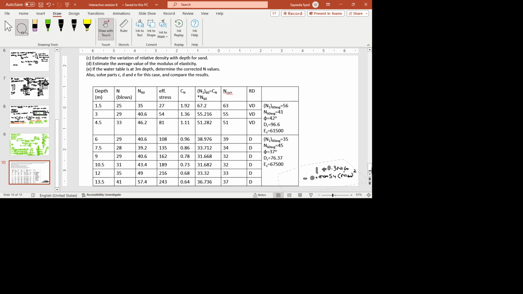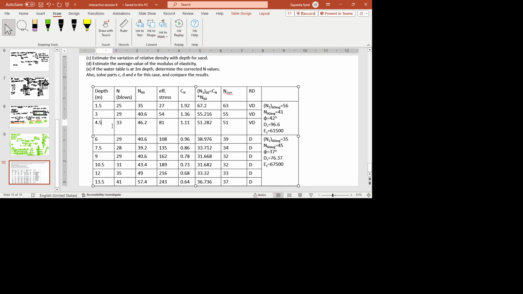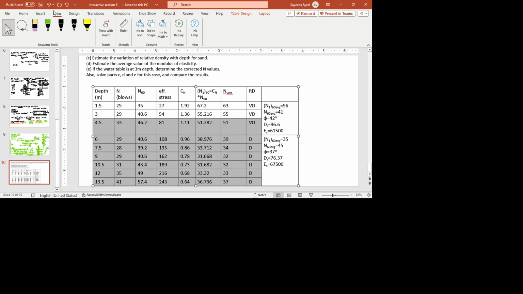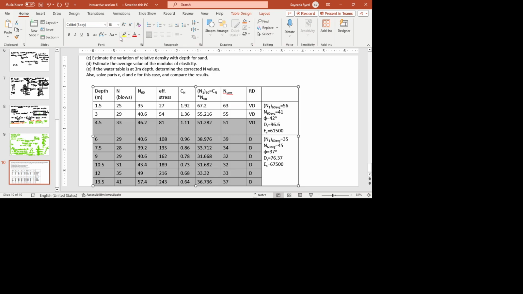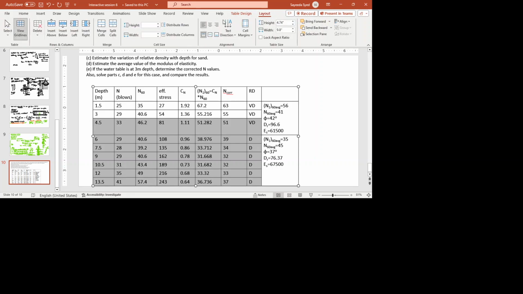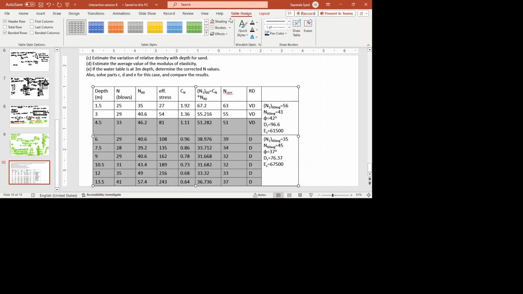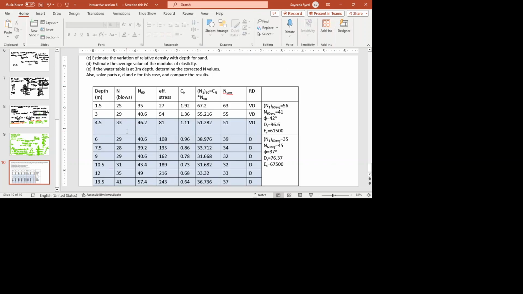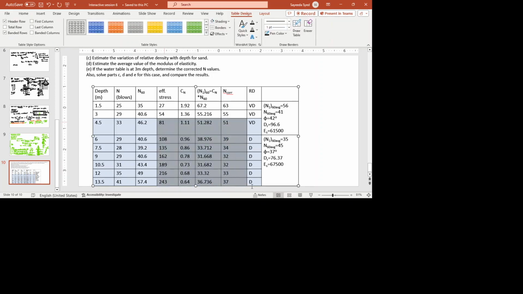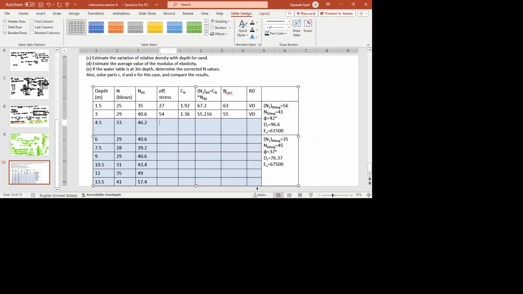We also need to see N60 will be same. Now only the effective stress Cn, but only from here. Let me color this in a different color so that you will know that water table is below this level. Okay, below this water table is there. So these values now will be changing.